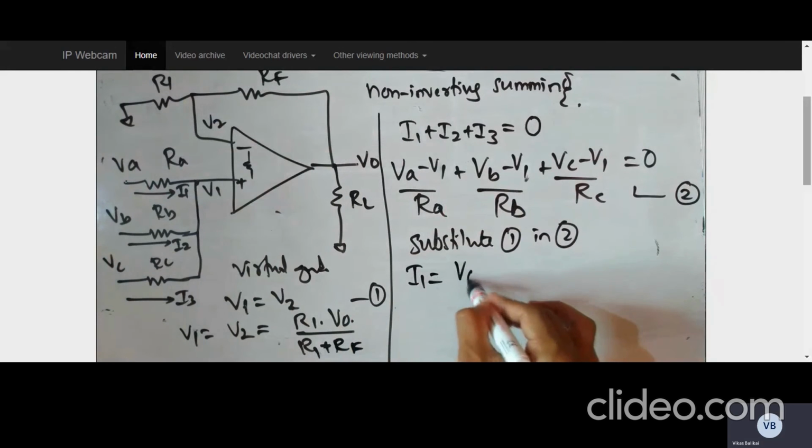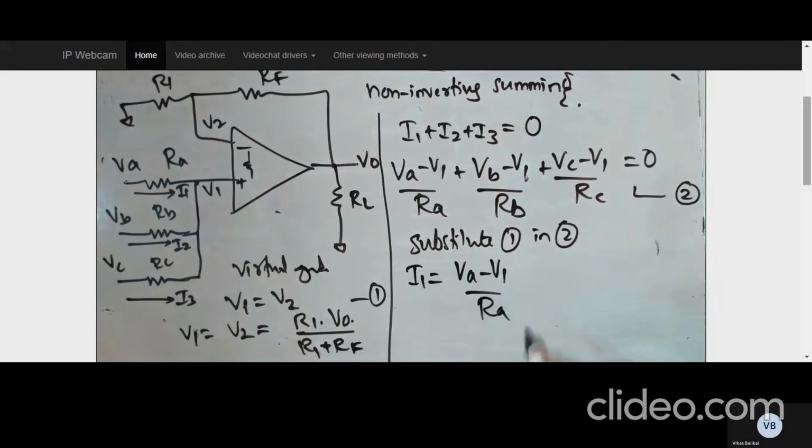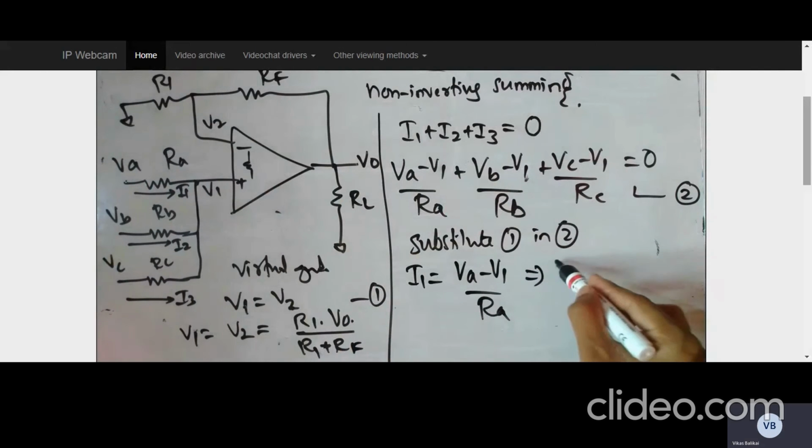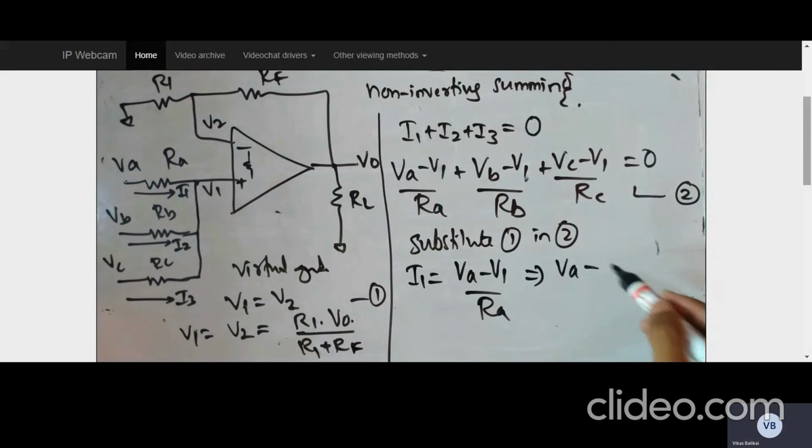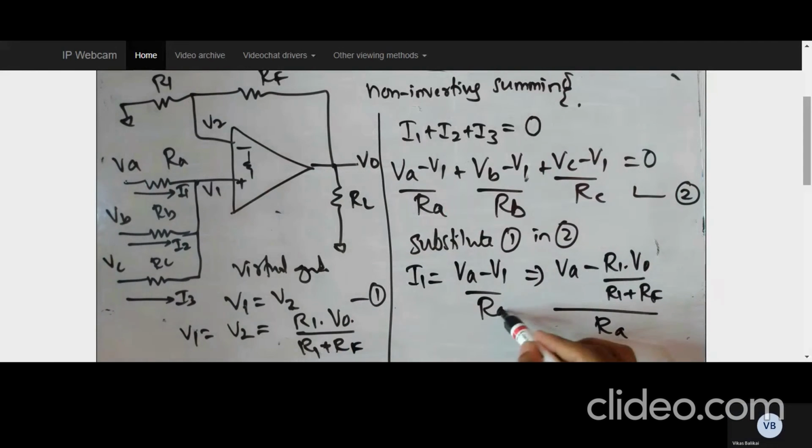So (VA minus V1) by RA. Let me do the substitution. That will result in VA minus, what is V1? R1 into V0 divided by R1 plus RF, all divided by this RA. Now let me do the simplification.